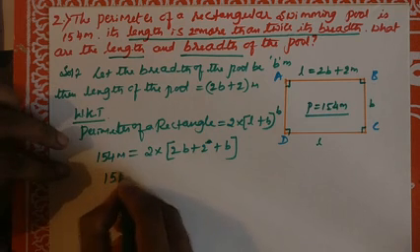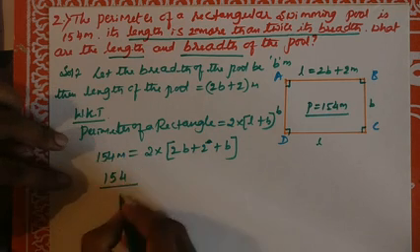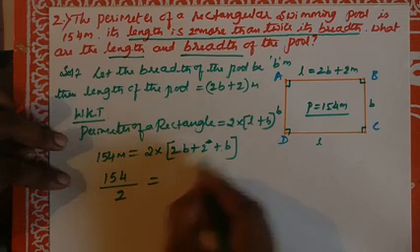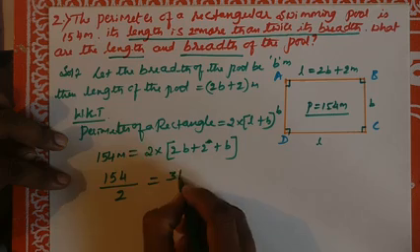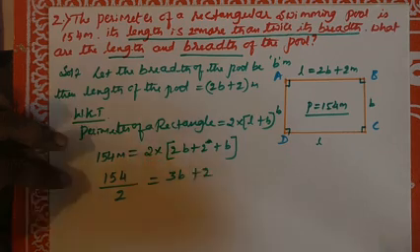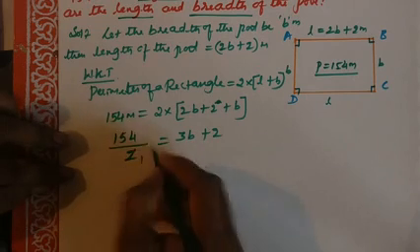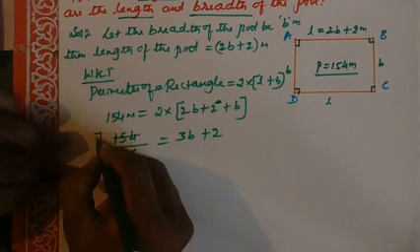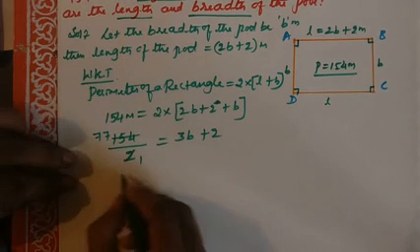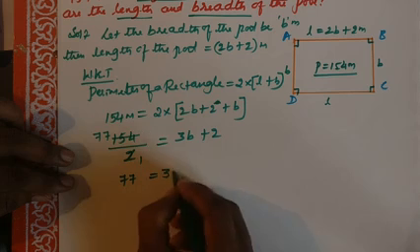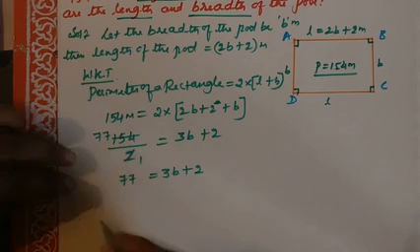154 divided by 2 is equal to 2b plus 1b, that is 3b plus 2. 2 1s are 2, 2 7s are 14, 77 remained. 77 is equal to 3b plus 2.